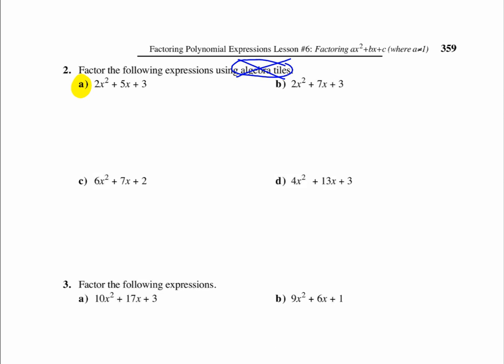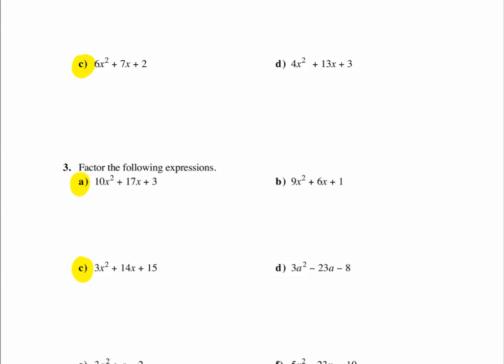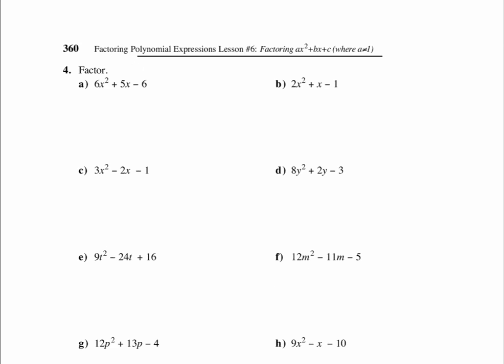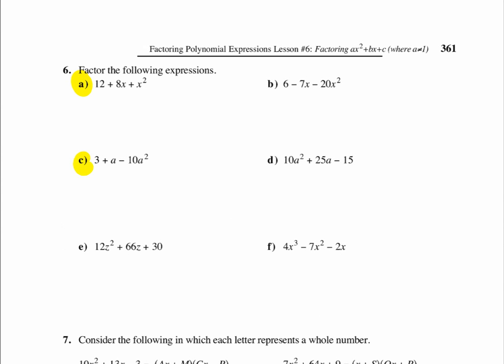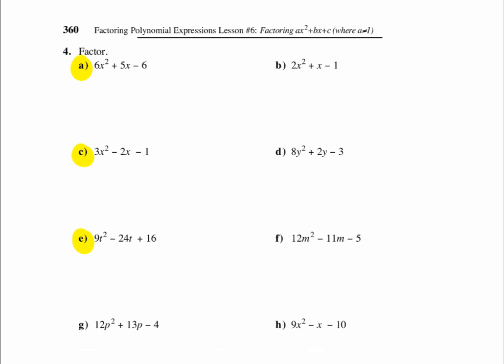2 AC, 3 AC, E, and 4 ACE. You don't have to do 5. 6 is ACE. And again, I think it might have said decomposition at one of them. Did it?